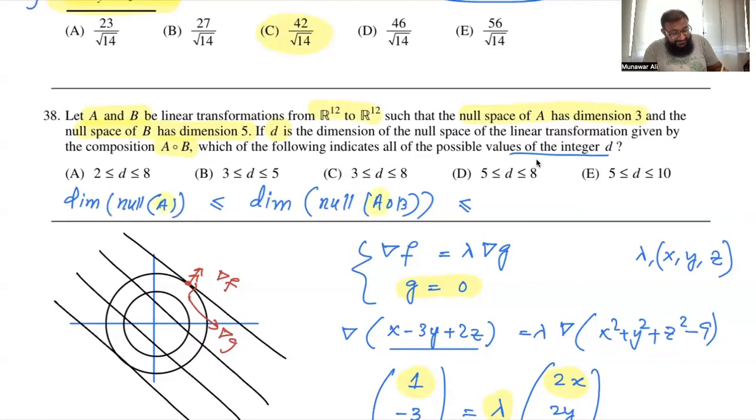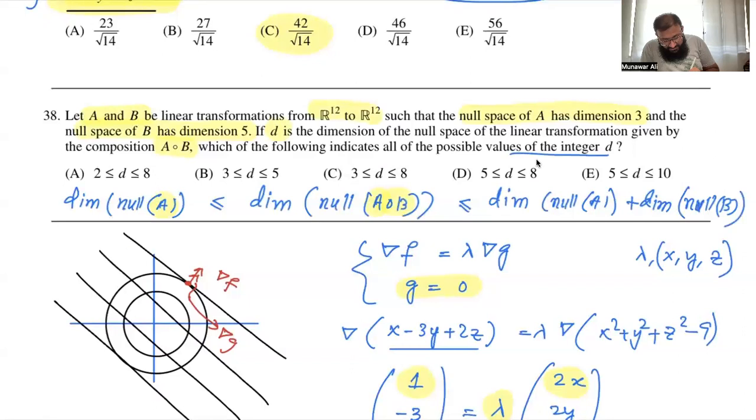A is the last transformation that you apply, because in this transformation you apply B first, then you apply A. So the last transformation is A, so it is at least the dimension of the null space of A, and at most the dimension of the null space of A plus the dimension of the null space of B. So now you can put in the values and see what happens.